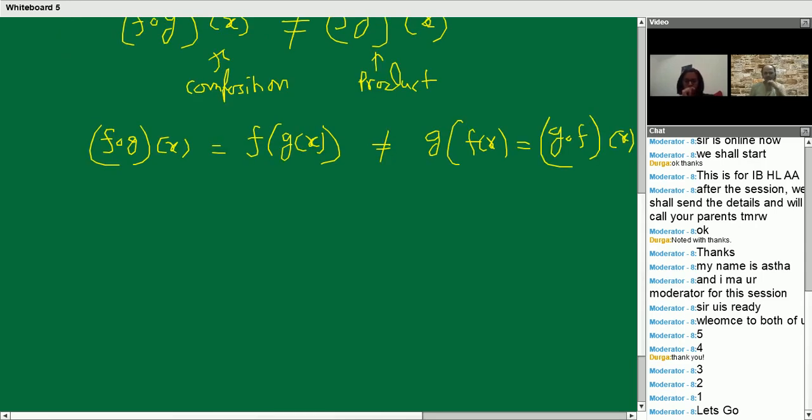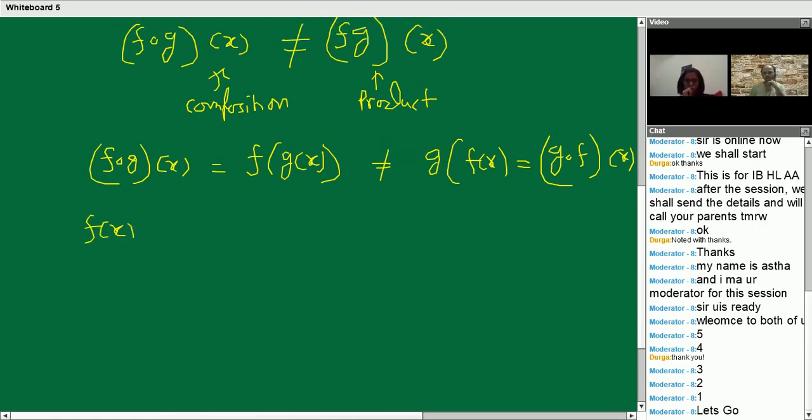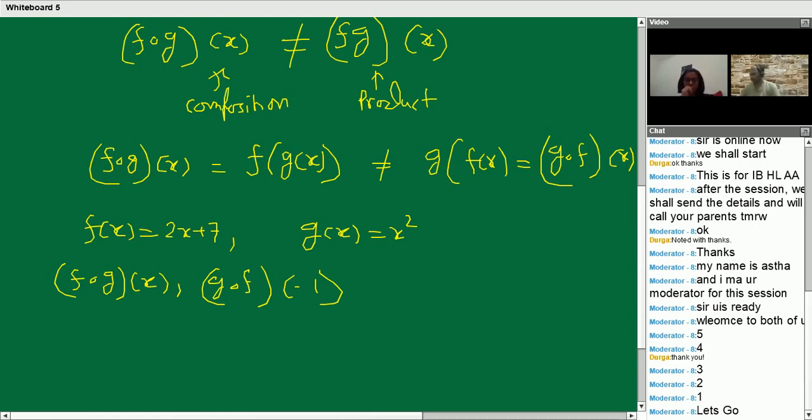So now the question is, if we move to the previous question, f of x equals 2x plus 7, and let's say g of x equals x squared. So can we have f of g of x and g of f of minus 1? Yeah, so f of g of x would be 2x squared plus 7.